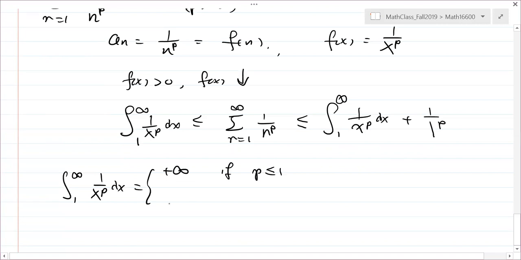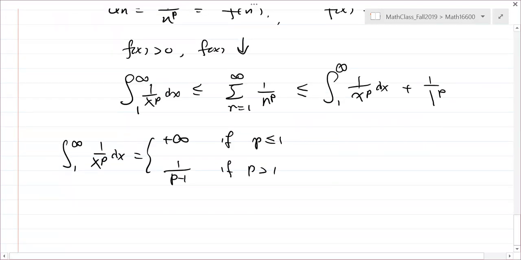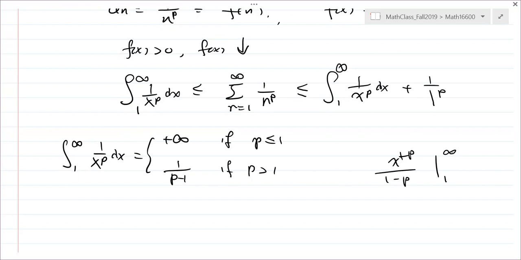And what happens if p is greater than 1? If p is greater than 1, I think it's 1 over p minus 1. It is finite. Let's check: when x approaches infinity and p is greater than 1, this approaches 0.